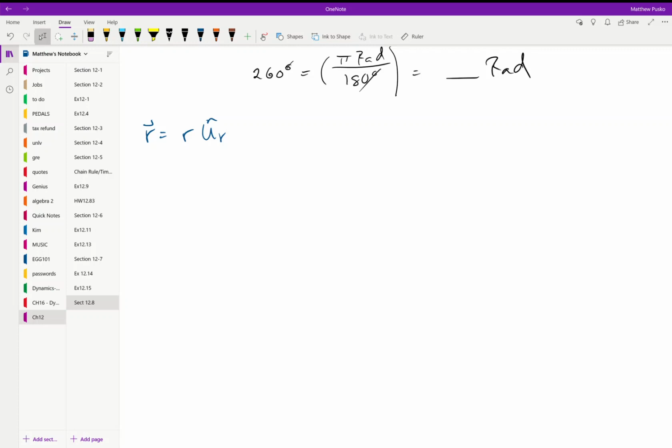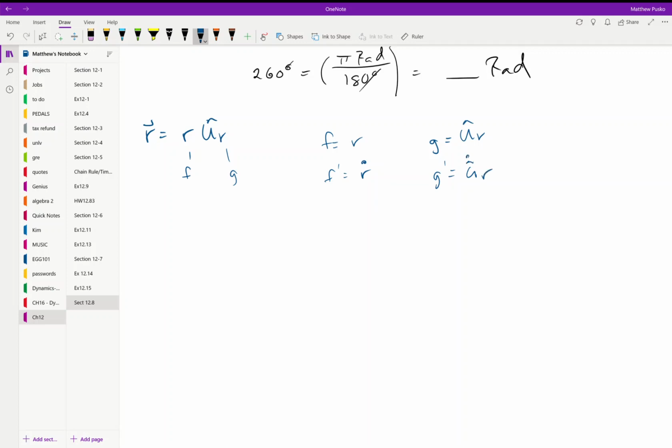This looks like we should maybe say this is some f and some g. I'm going to do f is equal to r, f prime is equal to r dot, g would be some unit r vector. How do we take the derivative of that? Just put a dot on top of it.